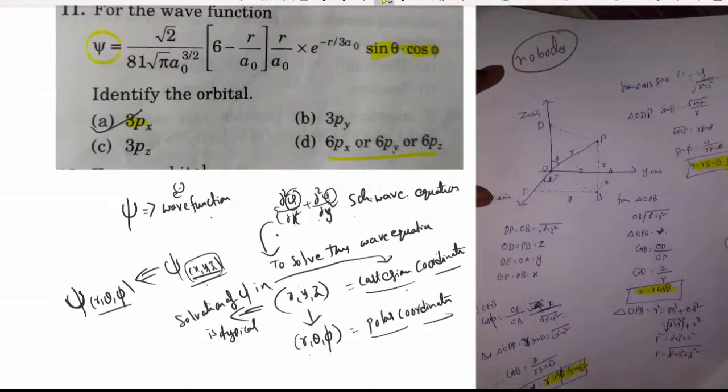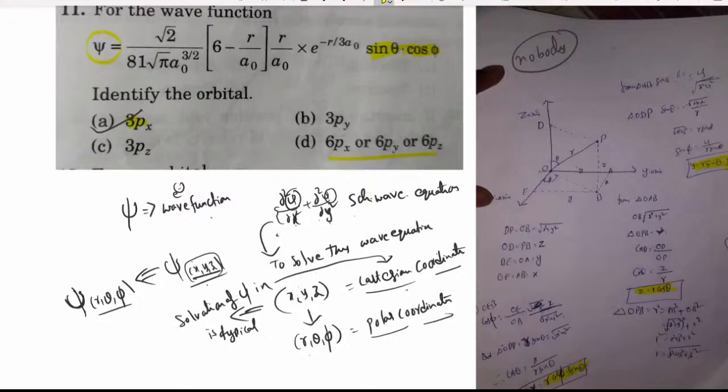I think everybody understood. So what is the purpose? We have converted Cartesian coordinates into polar coordinates. Why do we convert? To solve the Schrodinger wave equation in the easiest way. Solving the Schrodinger wave equation in Cartesian coordinates, that is xyz coordinates, is typical.